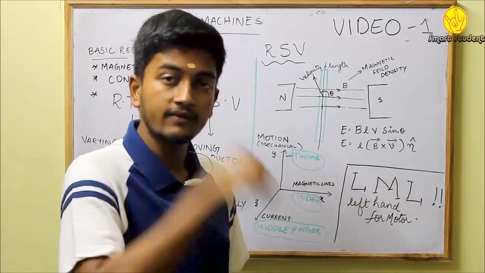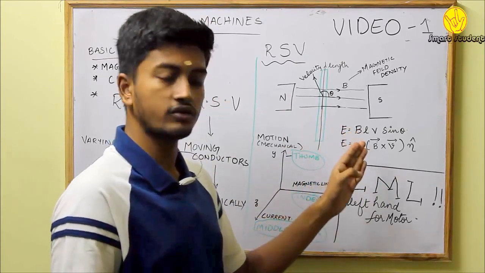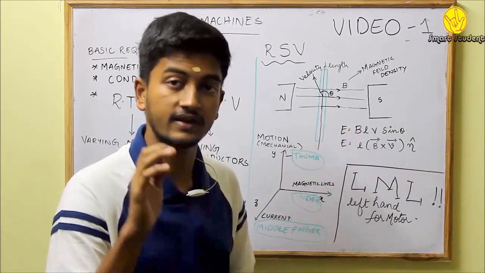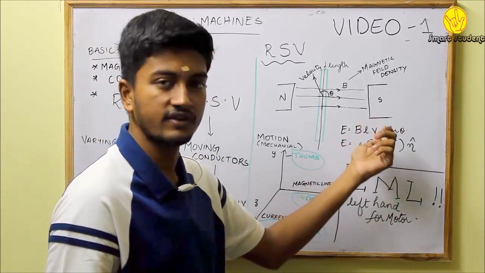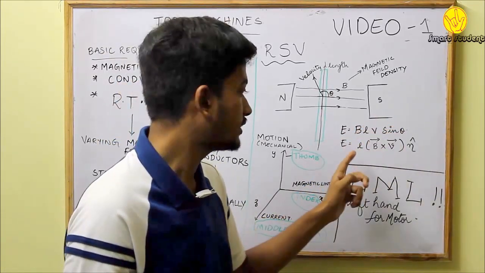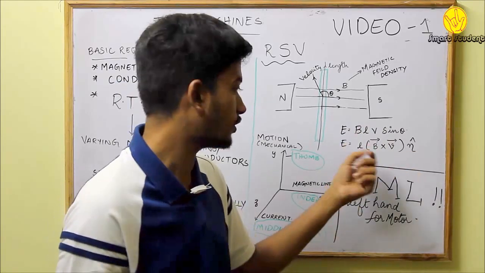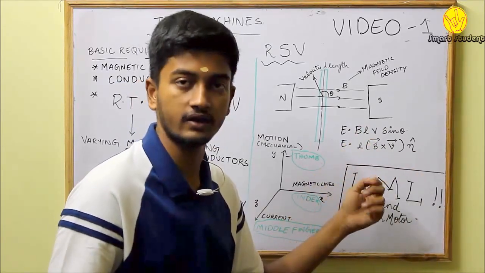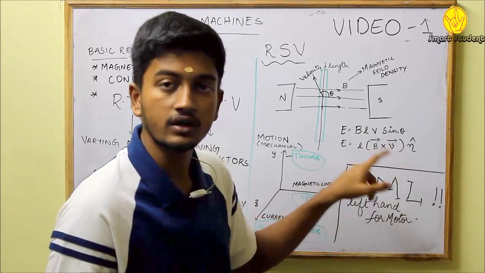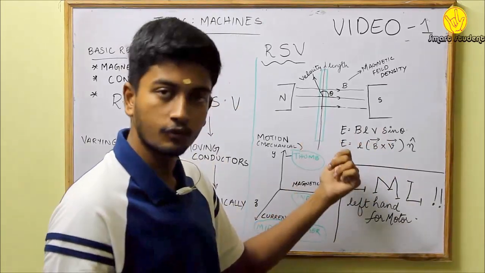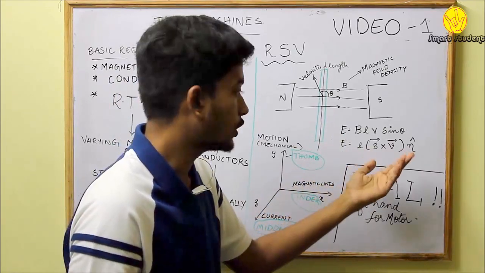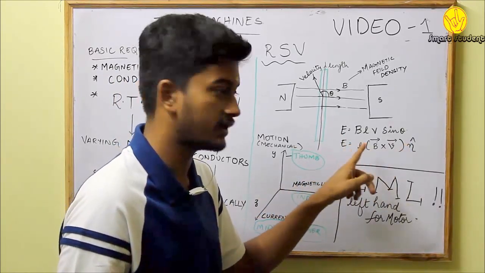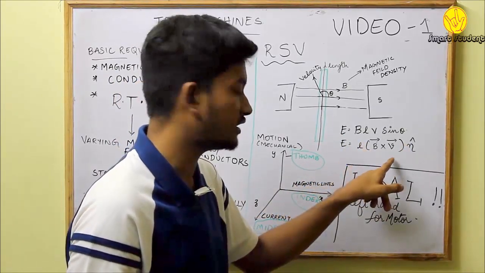We have the basic knowledge that the induced EMF is equal to BLV sin theta when a conductor is placed in a magnetic field, and as B and V are vectors, it gives a vector or cross product, which results in an EMF vector. This n cap here implies that the induced EMF will be perpendicular to the plane containing the magnetic field density and the velocity vector.